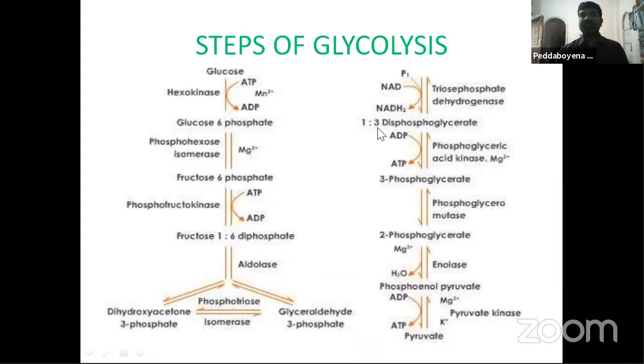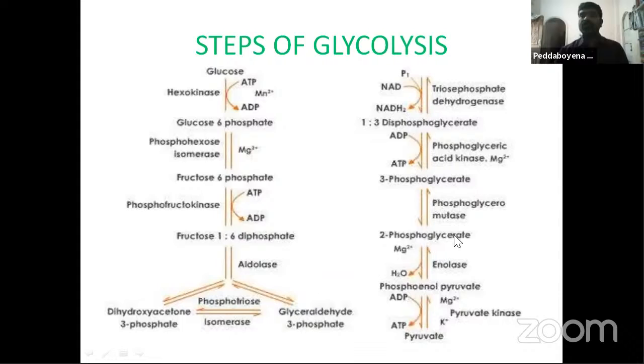And next reaction: 1,3-bisphosphoglycerate plus ADP gives rise to 3-phosphoglycerate plus ATP. On the arrow mark, you should write phosphoglycerate kinase. Next, 3-phosphoglycerate gives rise to 2-phosphoglycerate, and on the arrow mark you should write phosphoglyceromutase.